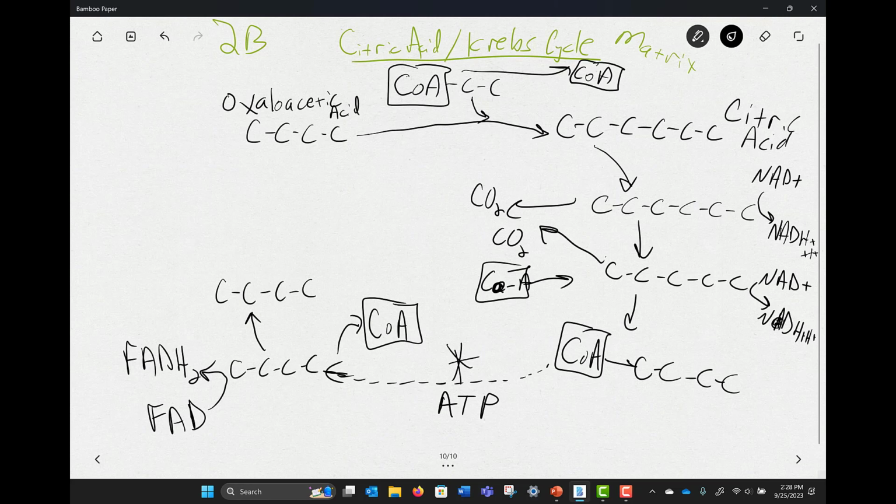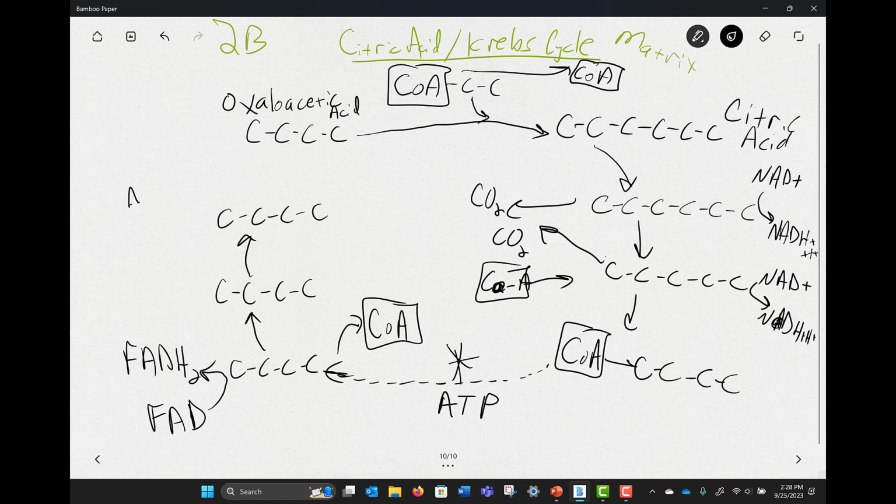Just like we saw over here with citric acid, everyone kind of switches places. Still a 4-carbon compound. All of the carbons, the hydrogens, the oxygens shifted places.